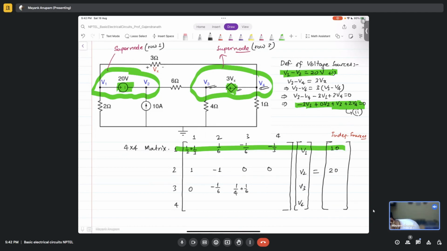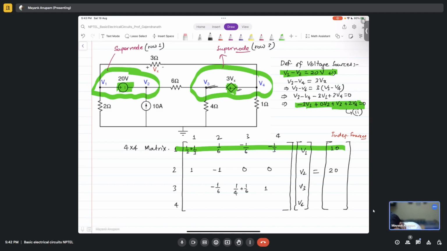I do not have a connection between 3 and 4, but from 4 I have a connection, right? So tell me, what will be this entry between 4 and 4?